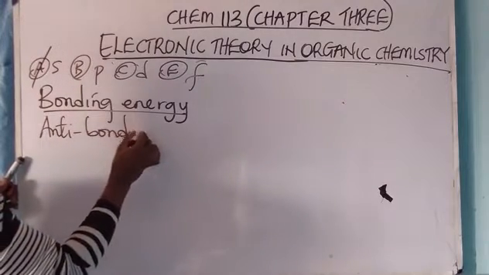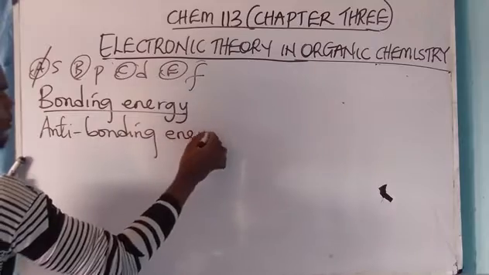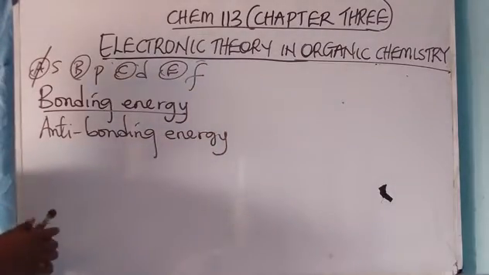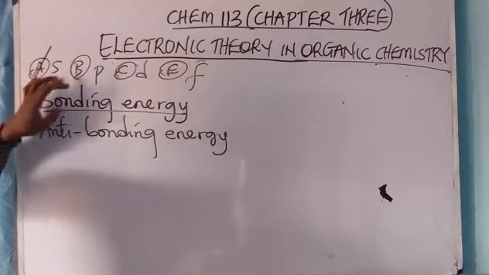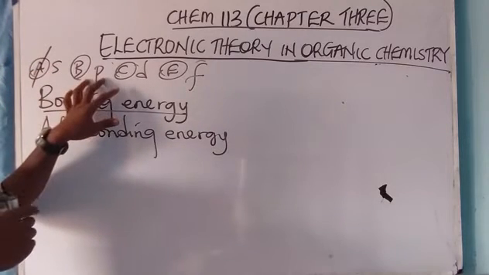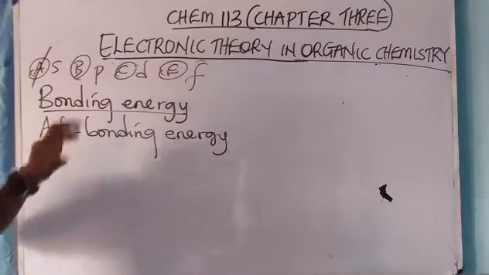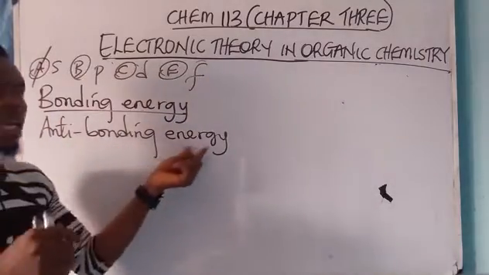Anti-bonding energy. All right, please. The energy of a lower orbital is called bonding, while the one of a higher energy orbital is called what? Anti-bonding energy.